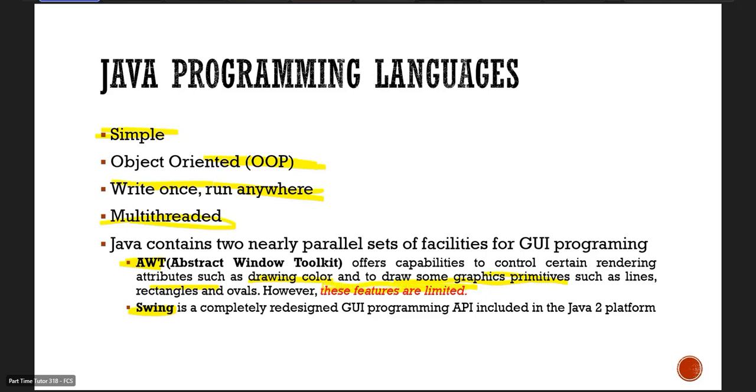If you need more features, it's better to use Swing. Swing is a completely redesigned graphical user interface that is included in the Java 2 platform. So in the programs, we will use both, the AWT and also Swing.